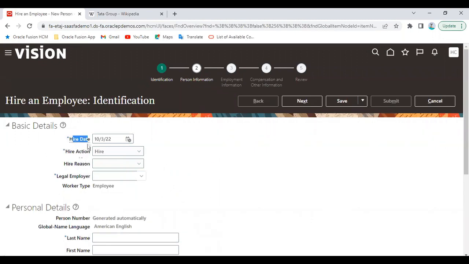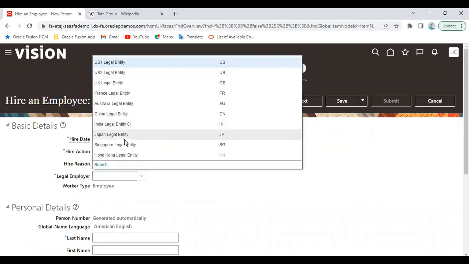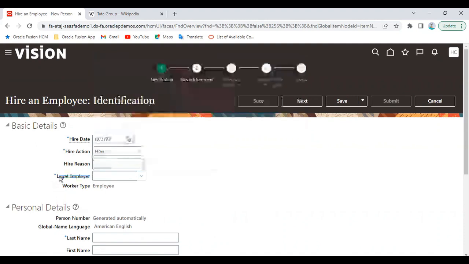Next, there is a concept called actions and reasons that we can talk about later. And see here, what it is asking: in which legal employer you are going to hire that new employee. So here I have to provide the company details, like in which company I'm hiring the employee. Is it asking for legal entity? No, it is asking for legal employer.